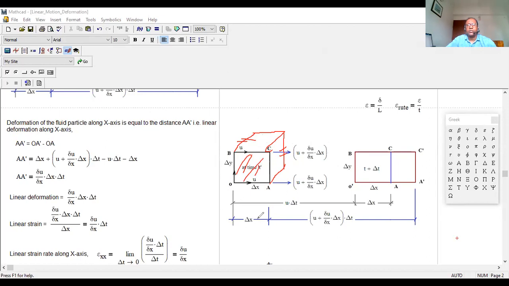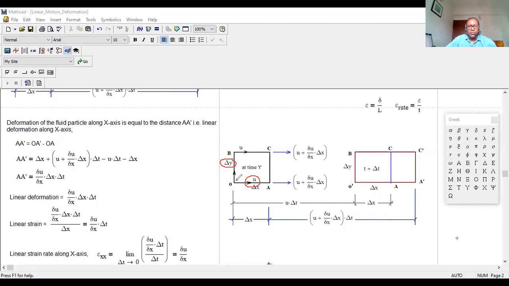But right now we are looking only at deformation along the X axis. This fluid element is rectangular in size, and along the X axis it has velocity u, along the Y axis velocity v. But right now we are dealing with only the velocity component along the X axis.